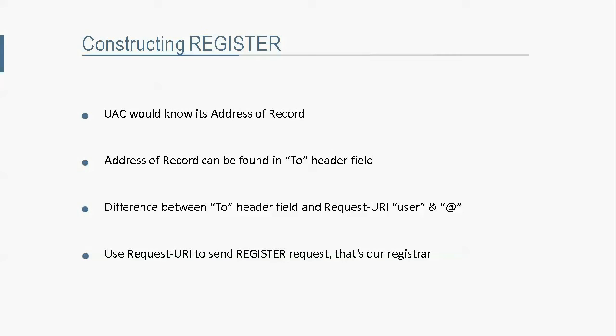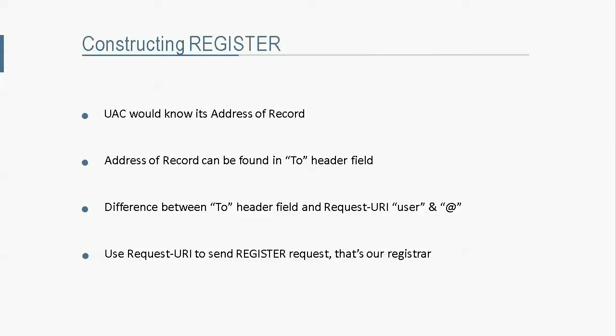From earlier discussions, we know that the address of record can be found in two header fields. We also know that the difference between the two header fields and the request URI is that the request URI does not have the user portion and the @ character. Therefore, indirectly, we now know the request URI.